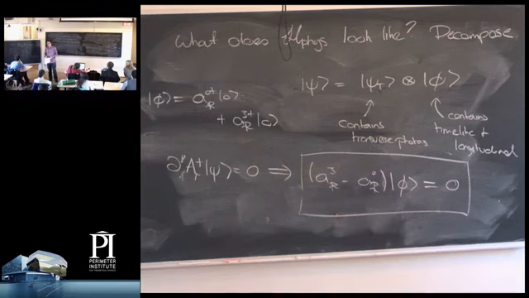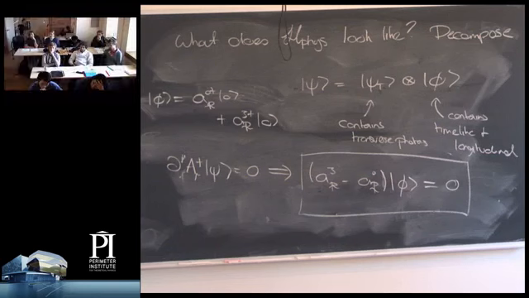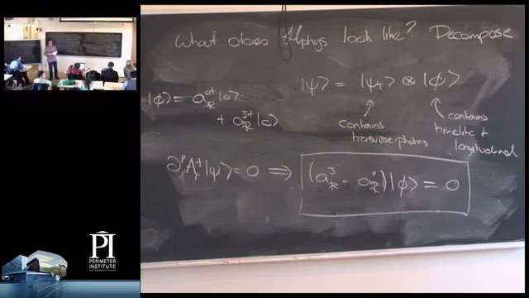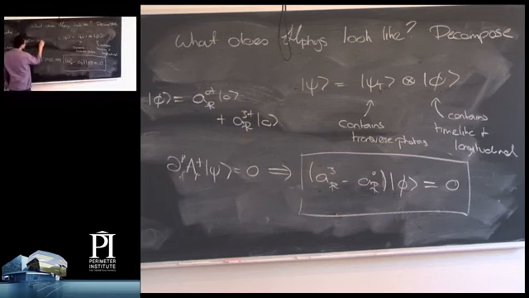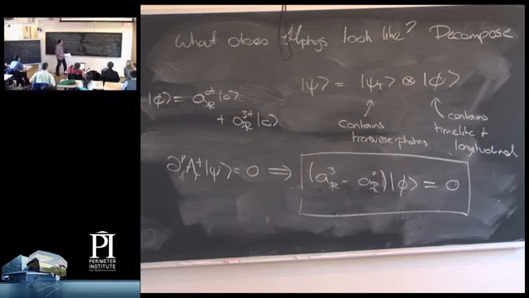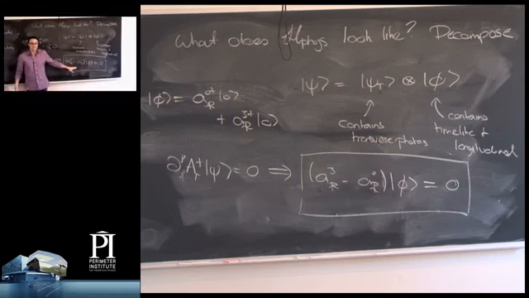I didn't think about this hard enough before I stood up. So if you have a linear combination of two states, then the norm is zero, because the longitudinal state has a positive norm, and the time-like state has a negative norm, and they cancel each other out. These are one particle states. Good. So this is a state which obeys this condition.